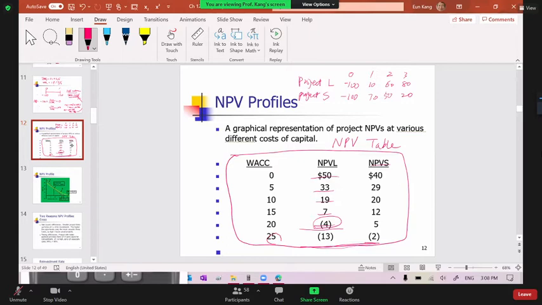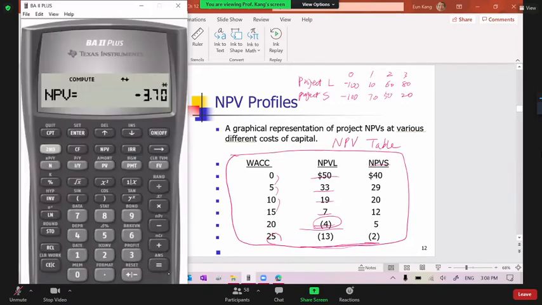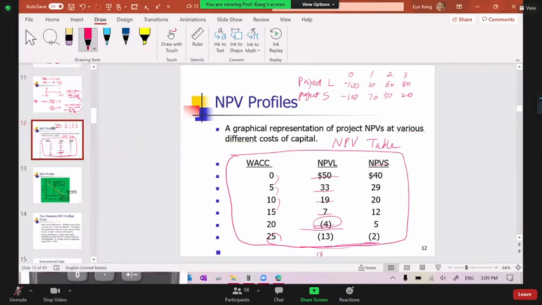To set up this table, this is a 5% increment, right? To decide that, you just calculate IRR, right? Hit IRR and compute. Then 18.13. So we know that this is 18.13% IRR.